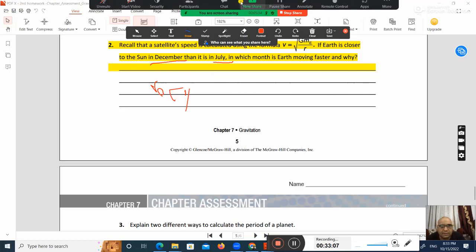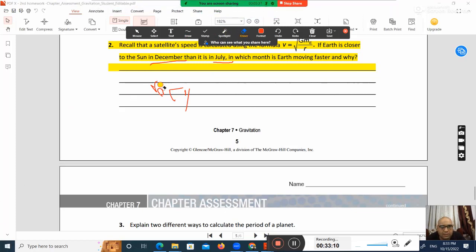The distance in December is less than the distance in July. So, as the distance decreases, the gravitational force increases. As the distance R decreases, Fg increases. As Fg increases, the planet itself needs to increase its velocity to escape from the gravitational force.